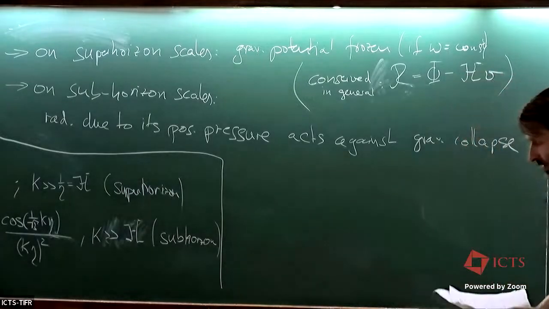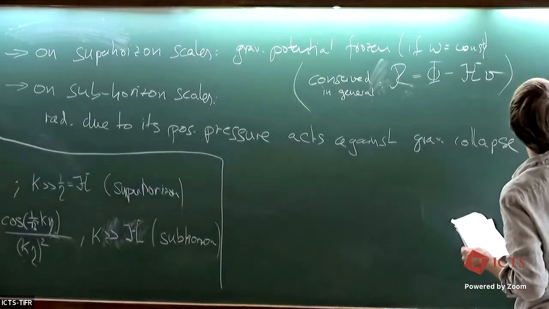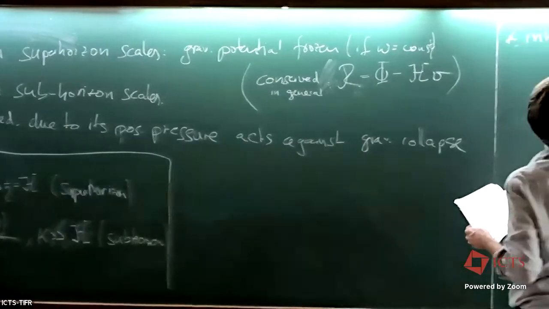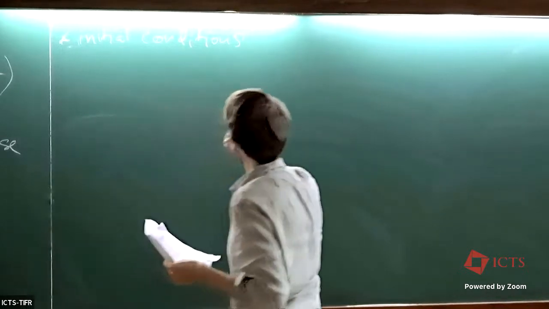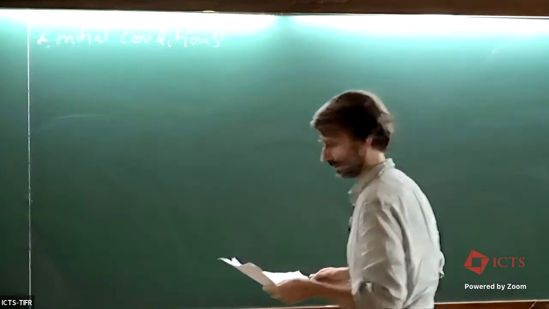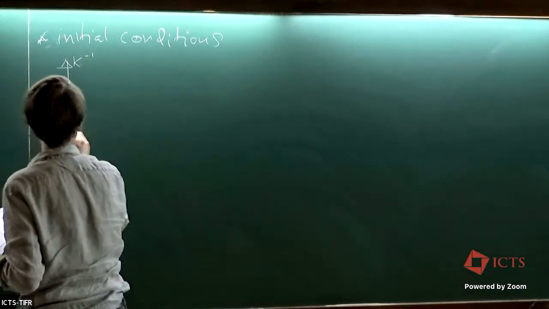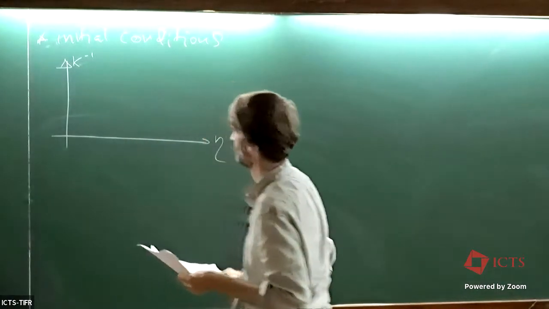Okay, very good. But let's talk about initial conditions to some extent. So the second part today is going to be a little bit easier again. The important plot here is this one. You might have seen variations of this plot before.